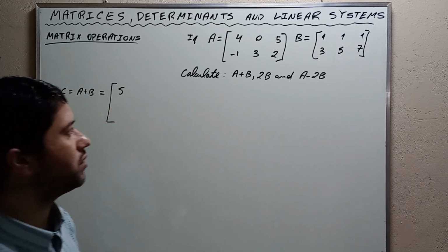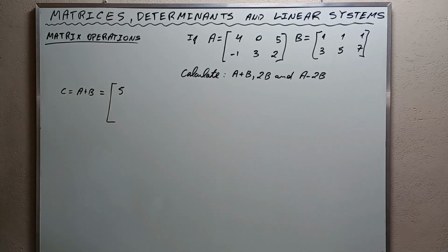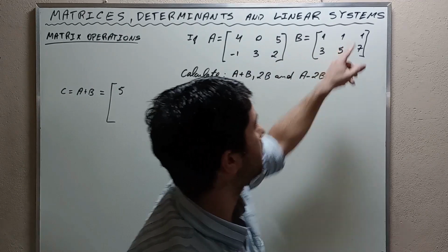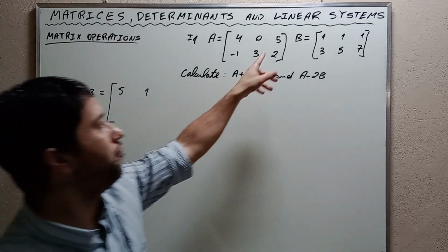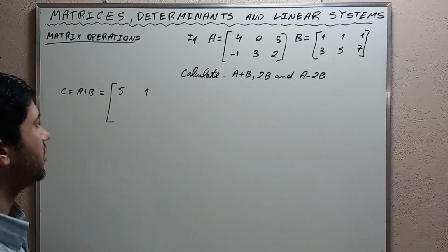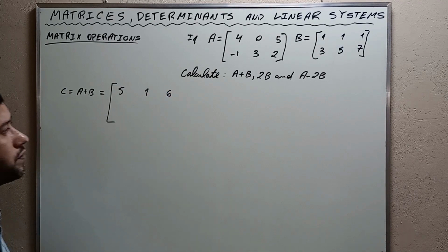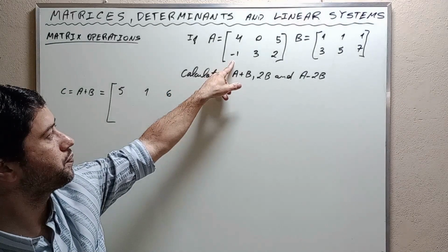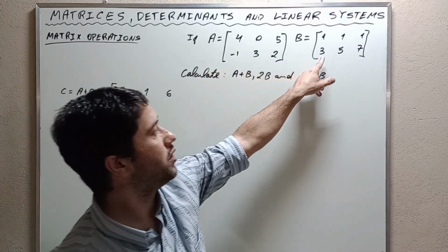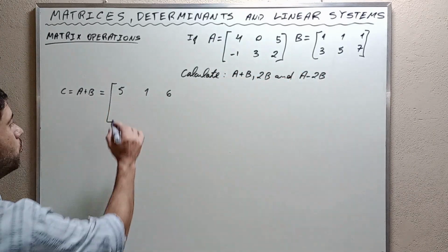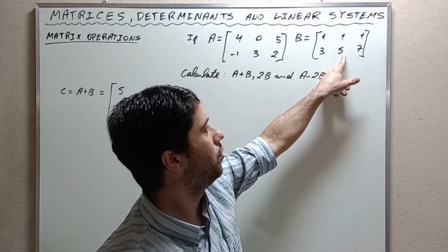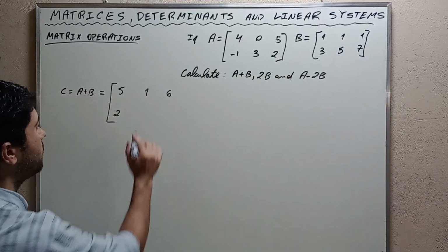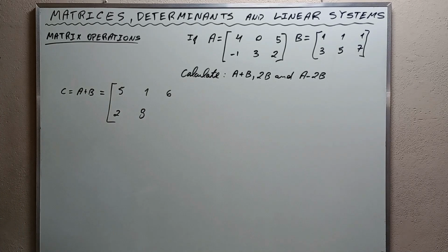Now the second element, or if you prefer, the second entry, 0 plus 1 is simply 1. 5 plus 1 is 6. How about here now? Negative 1 plus 3 is positive 2. 3 plus 5 is 8. And 2 plus 7 is 9.